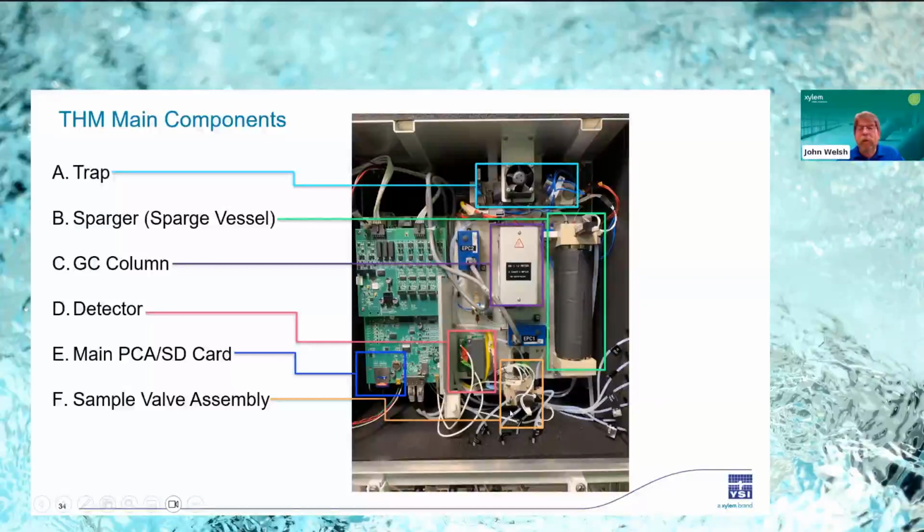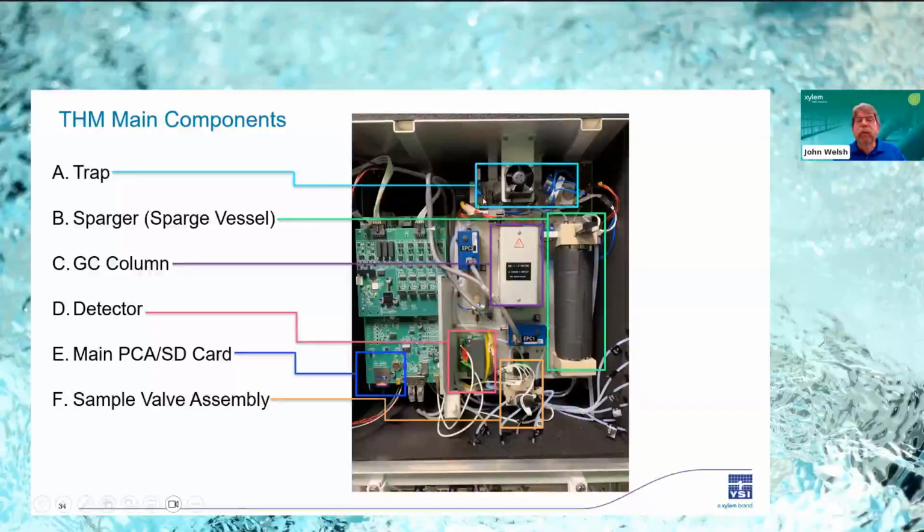After the water flows through here, it is then transferred into a sparge vessel, which you see on the right-hand side. Again, according to the principles of purge and trap, gas is then introduced into this sample, which is held at 35 degrees C, and then transferred over to the trap, which is sitting right behind this fan assembly, which is used to cool it between measurements.